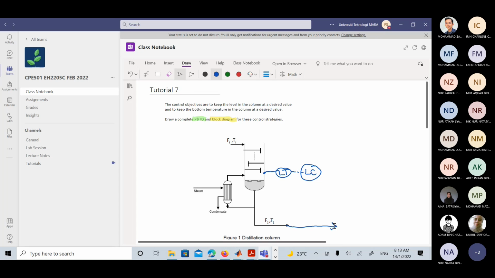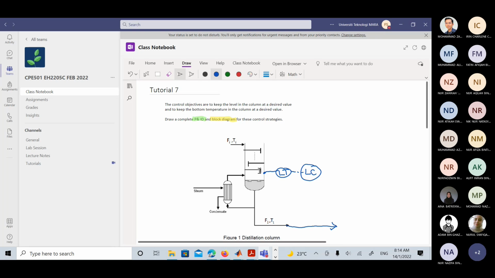Okay, after the decision is made, say we have to open the valve at the outlet in order to reduce the level of the column, because the level of the column has increased away from the desired value. So where is the information being fed to? After the controller, which loop does it go into? IP.